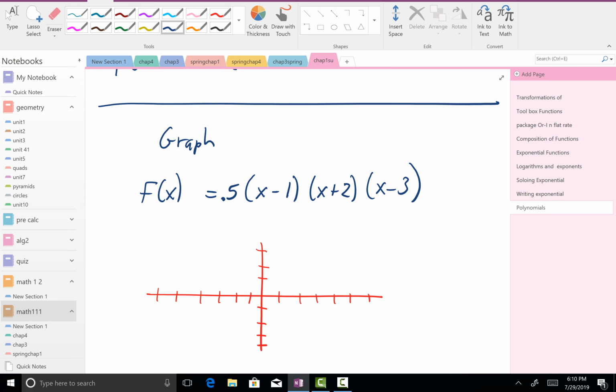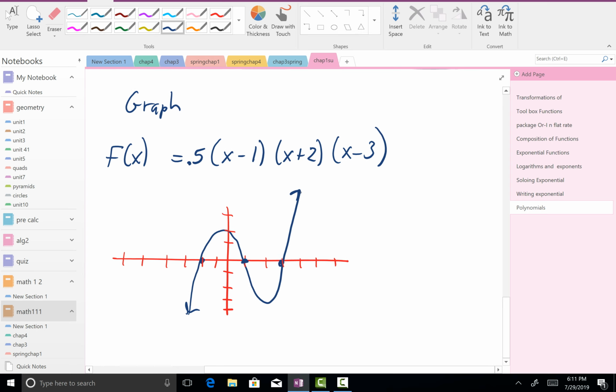So what's the x-intercepts? Negative 2, 1, and 3. Okay? So it probably looks like something like that.